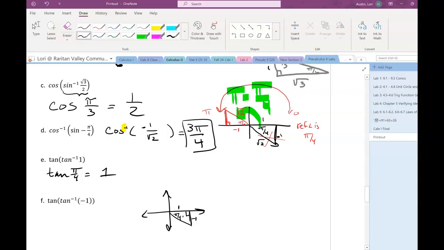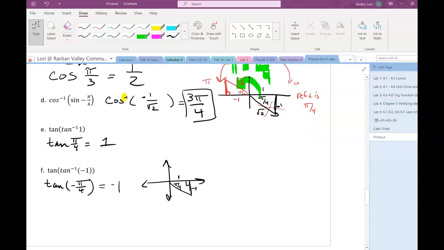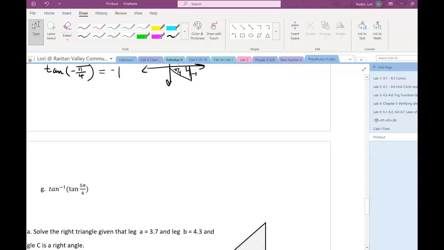So tan inverse of -1 is actually negative pi over 4. And tan of negative pi over 4, in this case, does indeed bring you back to -1.